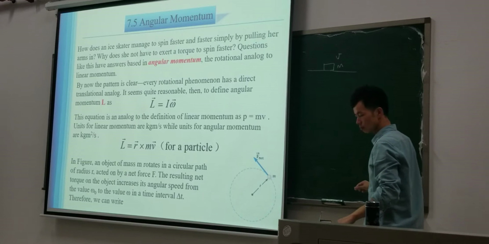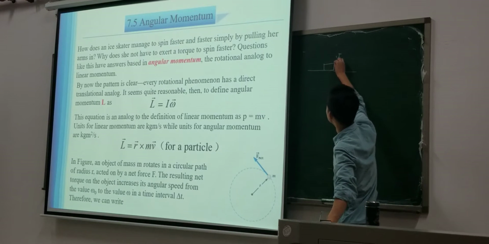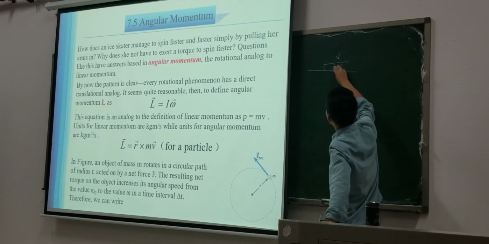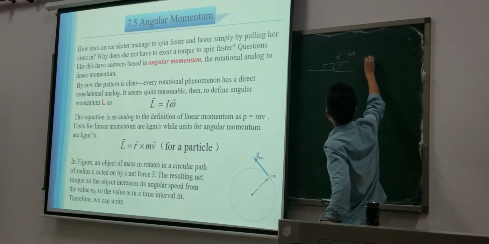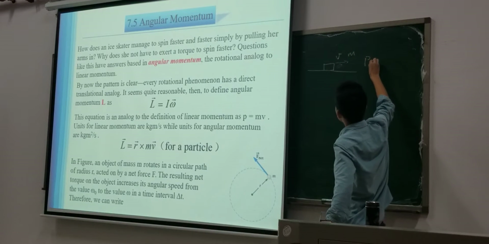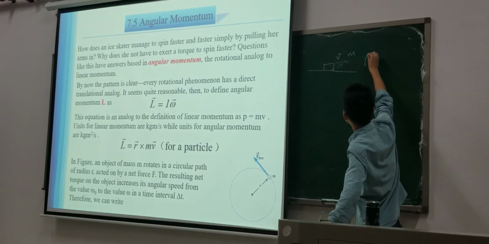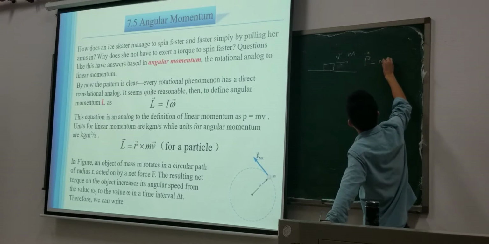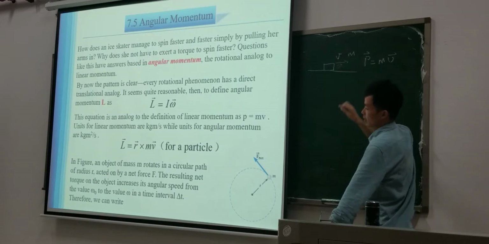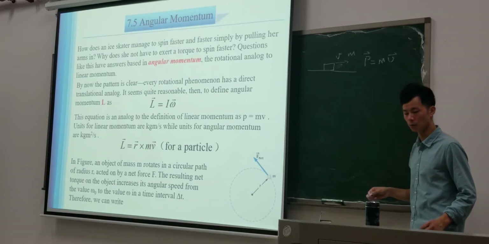Then the body has a momentum, p. The linear momentum is defined as m times v. This is the momentum in linear motion.